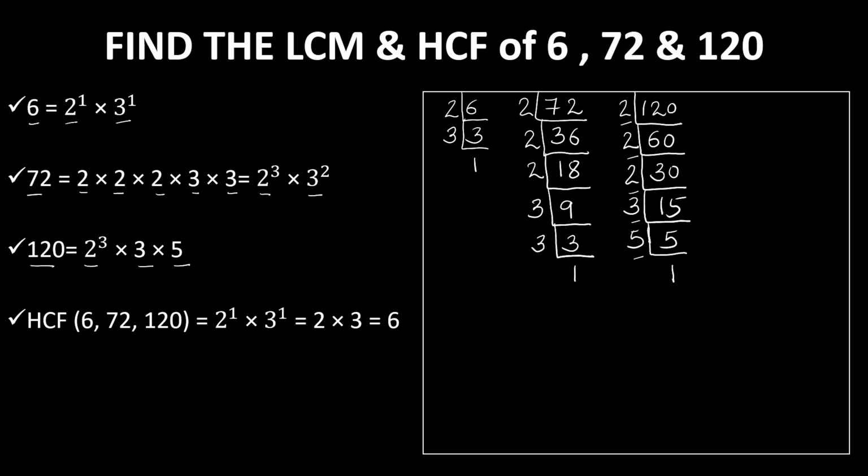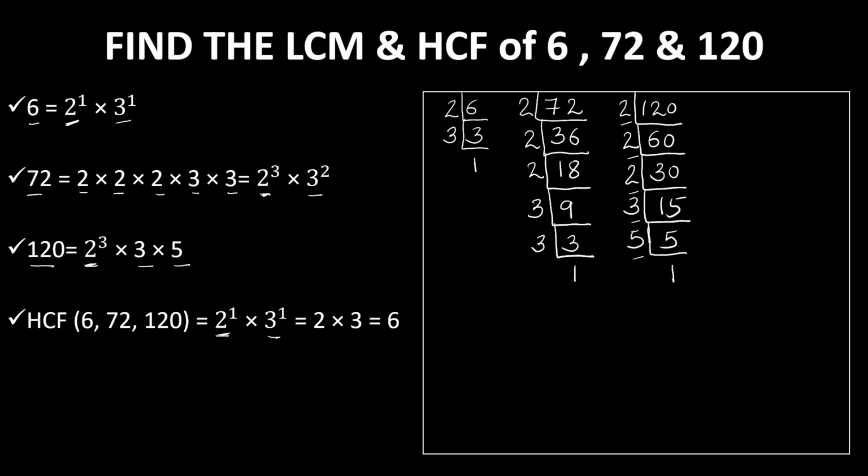Now, what will we write as HCF? We will write 2 raised to 1 into 3 raised to 1, because 2 raised to 1 is present in 6. Here it is 2 raised to 3, so definitely one 2 will occur in 72. Same way, in 120, here it is 2 raised to 3.